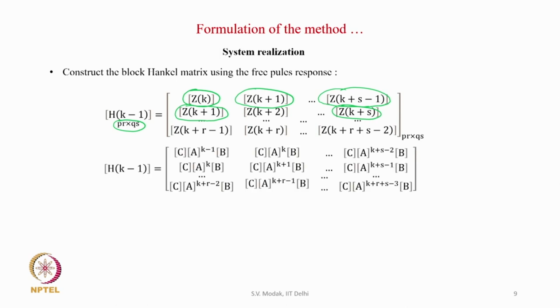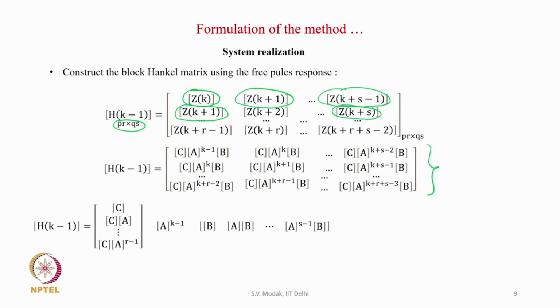Now, if we substitute the expression for the free pulse response matrix we got in this block Hankel matrix, then we get this result, and we can write down the block Hankel matrix in this form. You can see first a matrix here, then another matrix here, and then another matrix here.